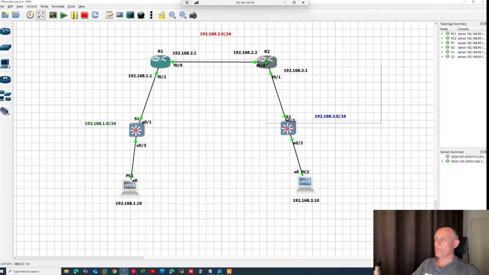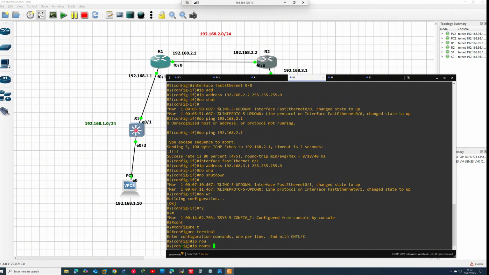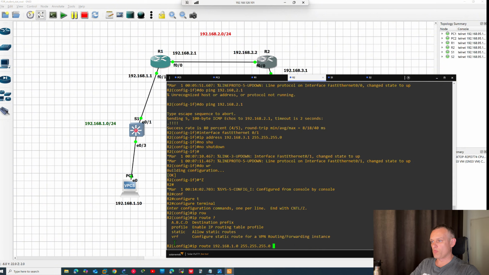Now I'm going to specify a static route on router 2 first. If you want to reach this network from router 2, you have to tell this router which network you want to reach.